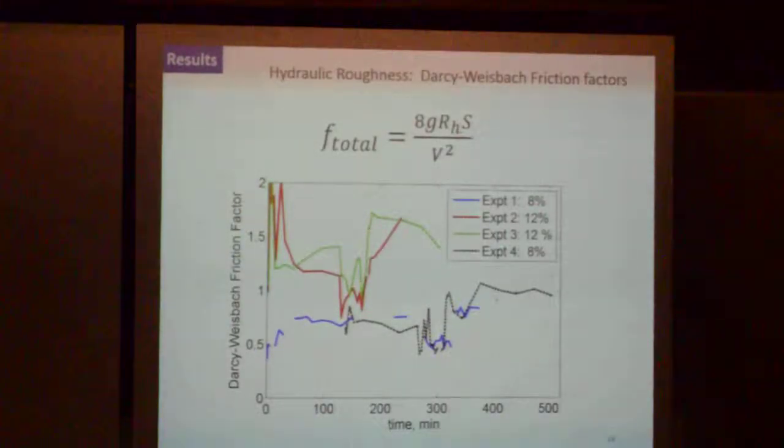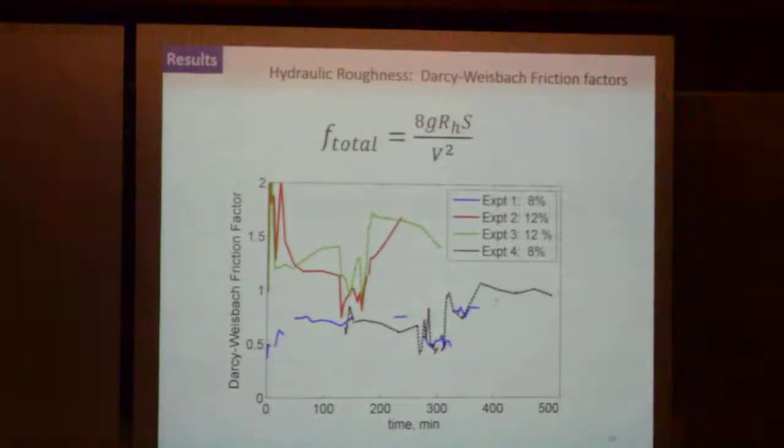We can also look at hydraulic roughness, which is, here I'm using a Darcy-Weisbach friction factor. And rather than a direct measure of the bed topography, it is measured from the hydraulic radius, so basically flow depth, slope, and water velocity.